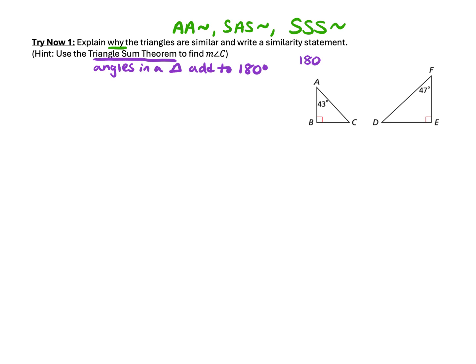Let's subtract out the 90-degree angle that's right here and the 43-degree angle right there. And when we do that, we're going to get 47. So the measure of angle C is 47 degrees. So I'm going to start there in my little explanation here. Measure of angle C is equal to 47 degrees, and it's by the triangle sum theorem.